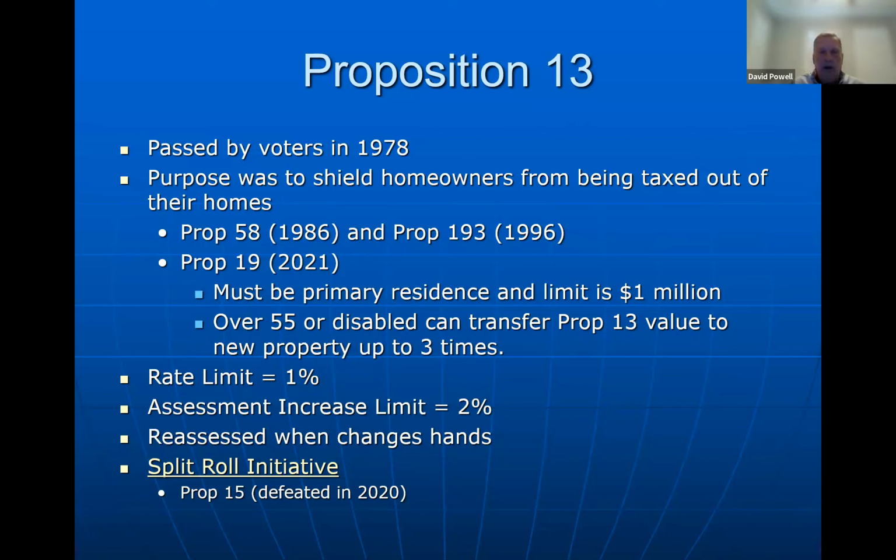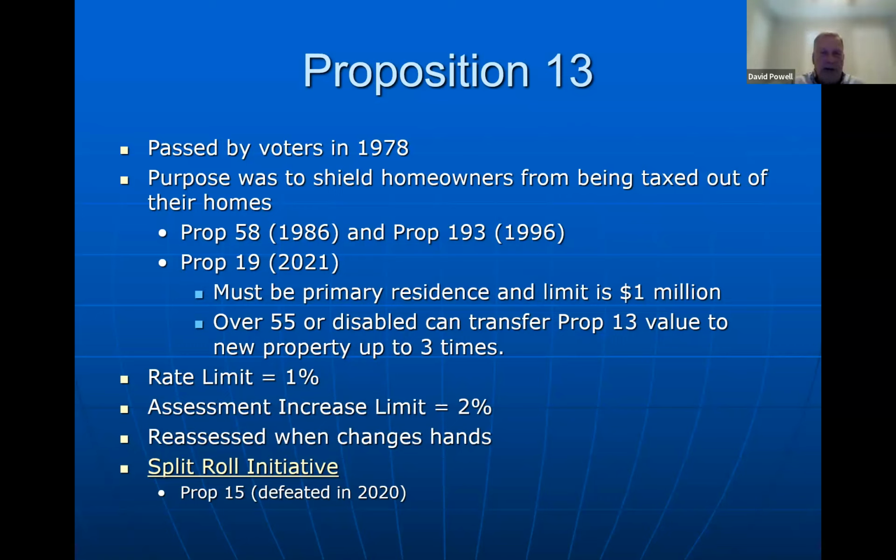Proposition 13, as it was originally written, applied to both residential property as well as business property. Some people say it should not apply to business property, it should only apply to residential property. So in the split roll initiative, what they want to do is separate it so that Proposition 13 protections would still apply to residential property, but would no longer apply to business property. That's what's called a split roll.